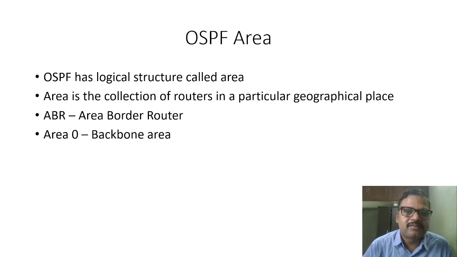Through the ABR only, an area communicates and updates its area information with the other areas. And we will have many areas, and one of the areas will be the backbone area. The backbone area connects all the areas together. That is why it is called a backbone area. And the backbone area is always referred to as area 0. With this short introduction, we can go for the implementation of OSPF in Cisco Packet Tracer.